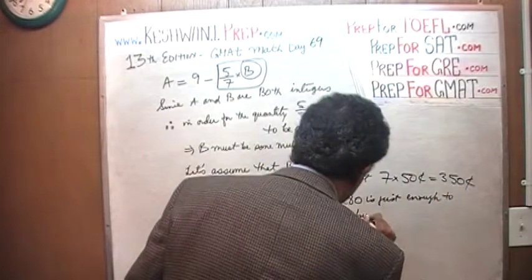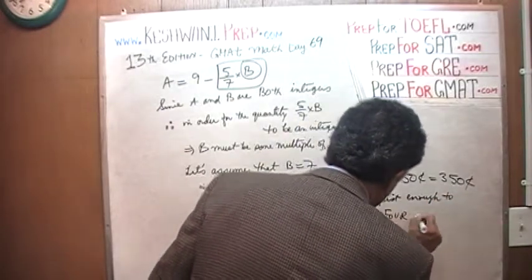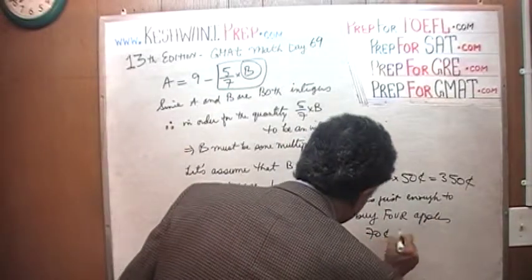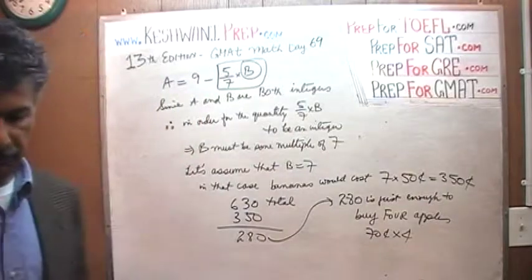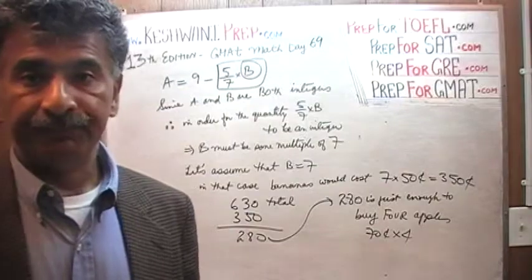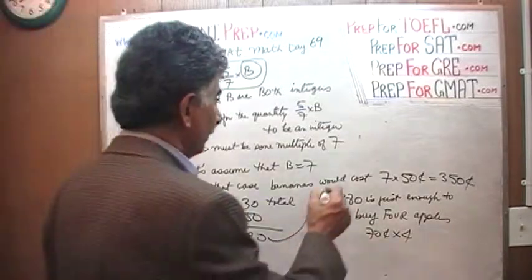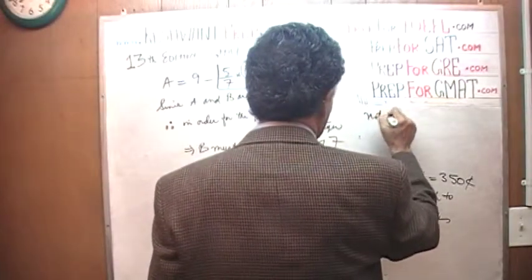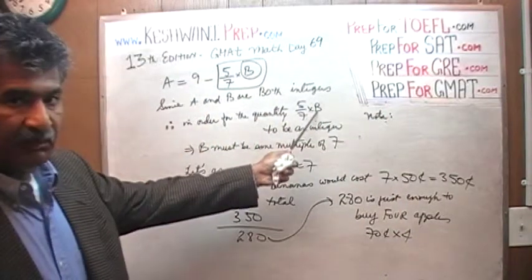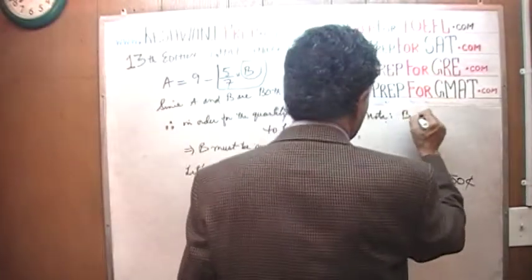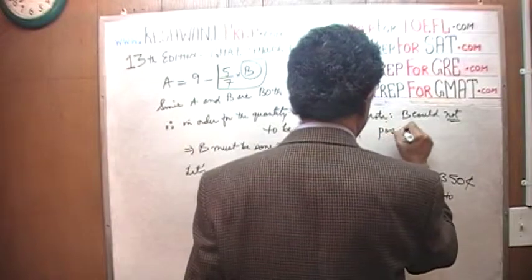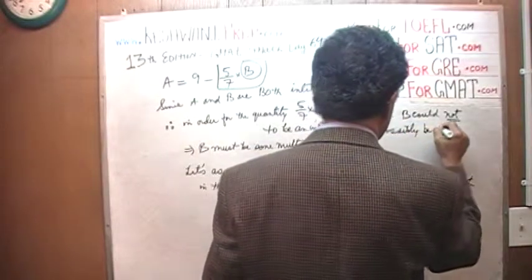to buy 4 apples, because apples cost 70 cents. 70 cents times 4. We are told that apples cost 70 cents. That is exactly what must have happened. Because obviously, note that since we figured out that B has to be some multiple of 7, B could not possibly be 14.